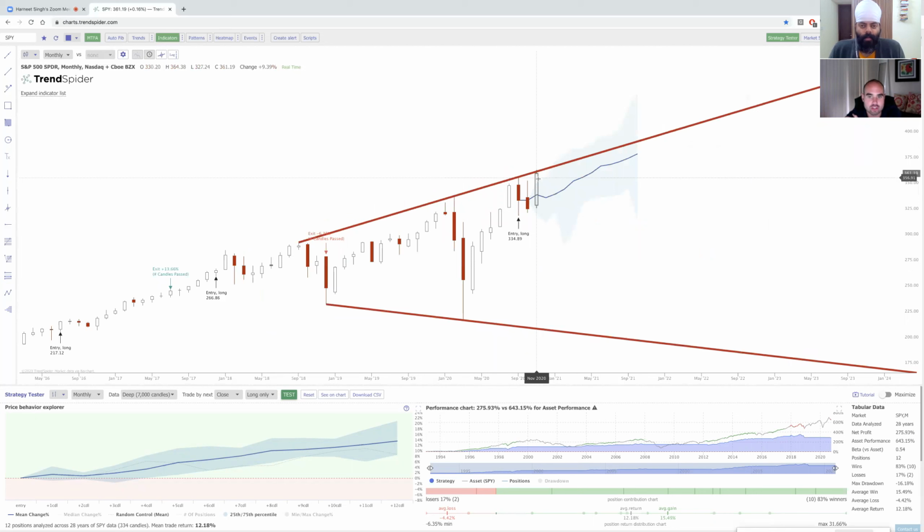Relatively speaking, this current return since we entered in September of 2020, or since the system took the trade in 2020, we had 5 green candles. The system isn't going to take an entry until the next candle, because you can't take an entry until this candle is closed.